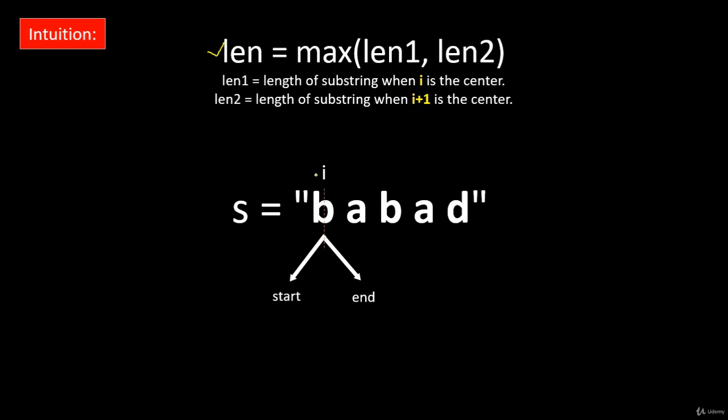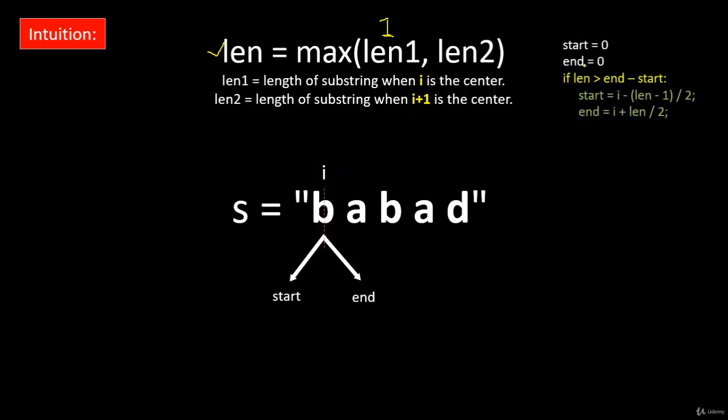Alright, for the first iteration i points to this character B, we have start and end, and this is our center. So the length of our longest palindromic substring at this center is 1 because we can't expand; on the left we have no character. And here we have start and end.